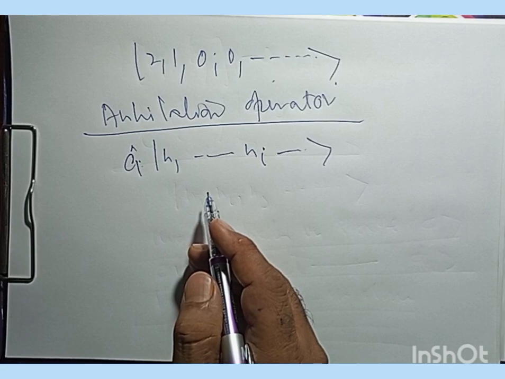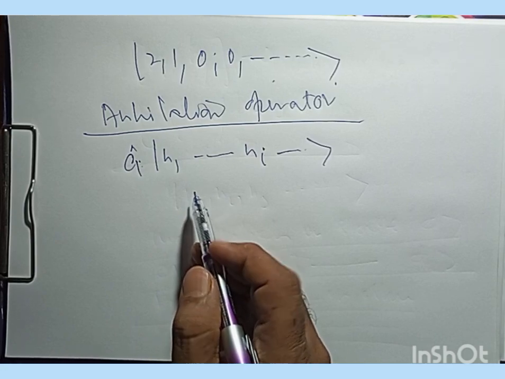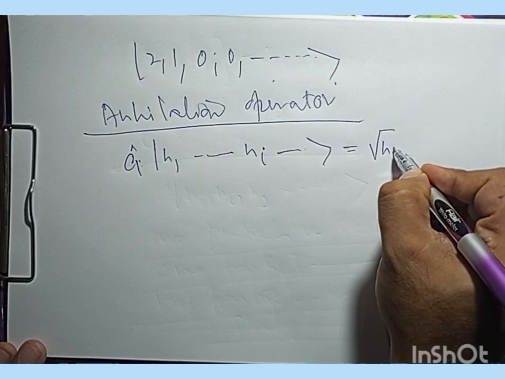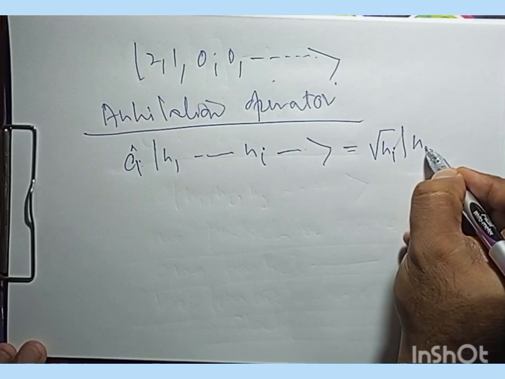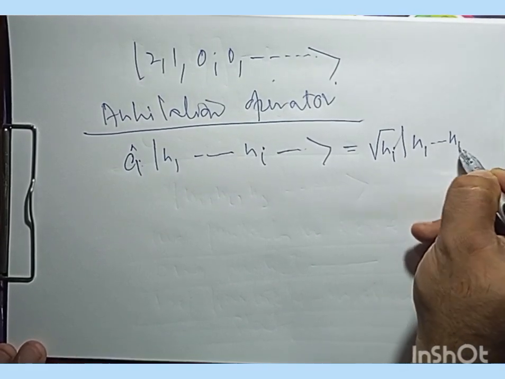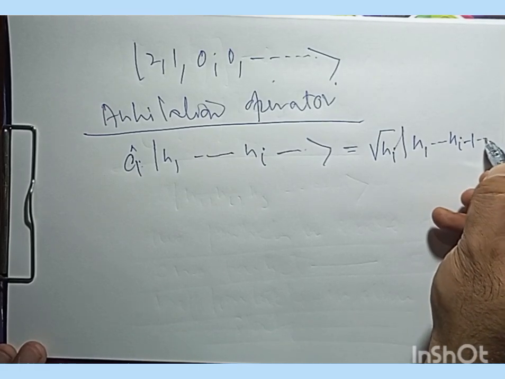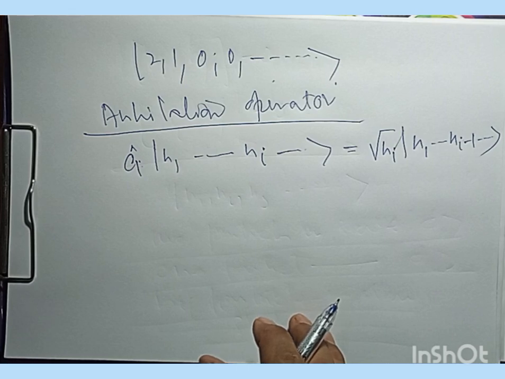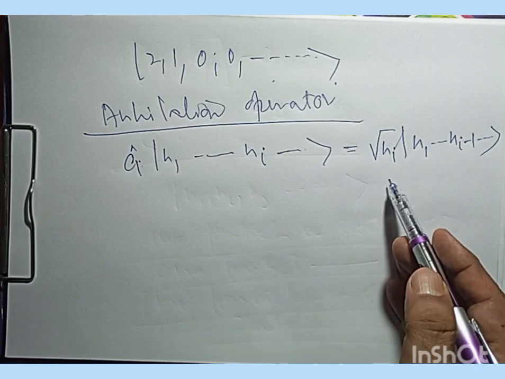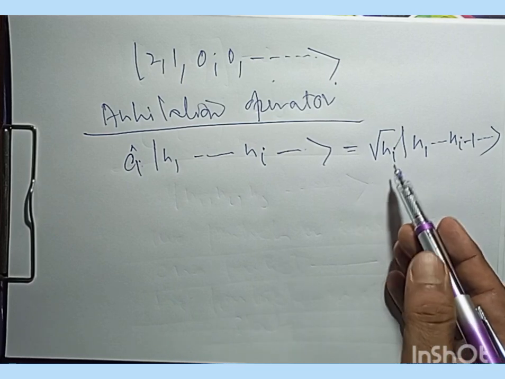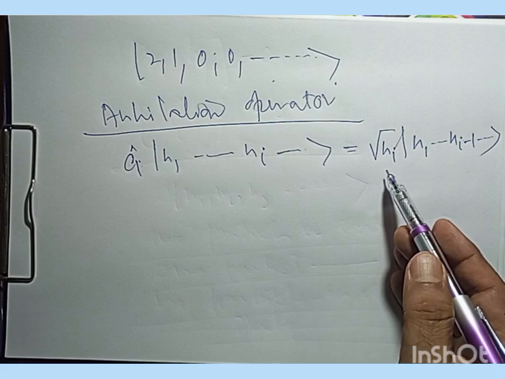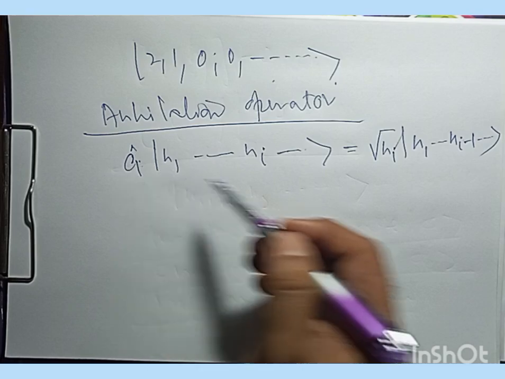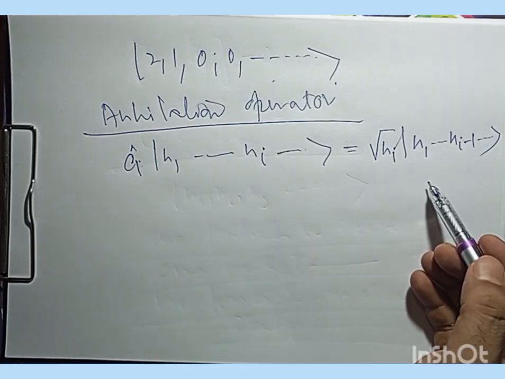Basically, it removes a particle from the ith state. So I will have the state under root of ni, then |n1, ..., ni minus 1, ...>. This under root of ni is a result of the normalization. So this annihilation operator removes the particle from this quantum state.